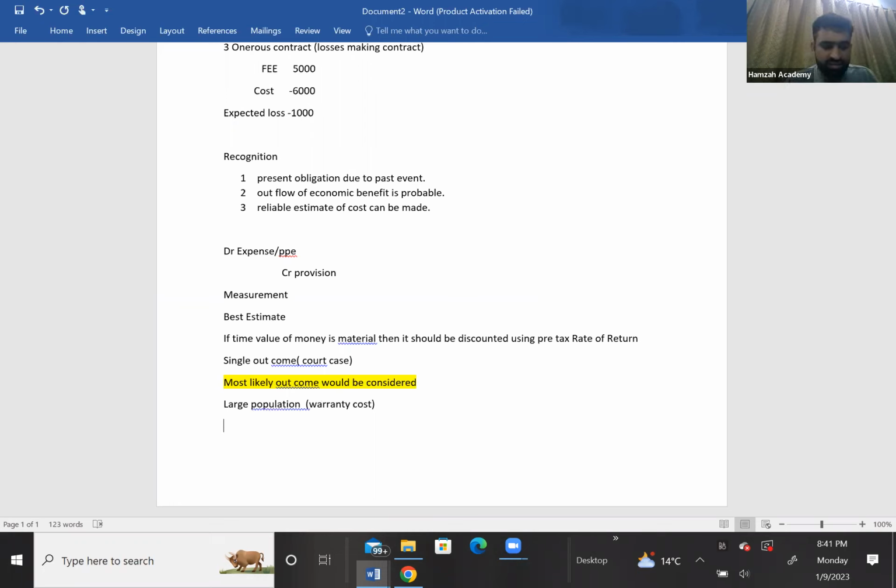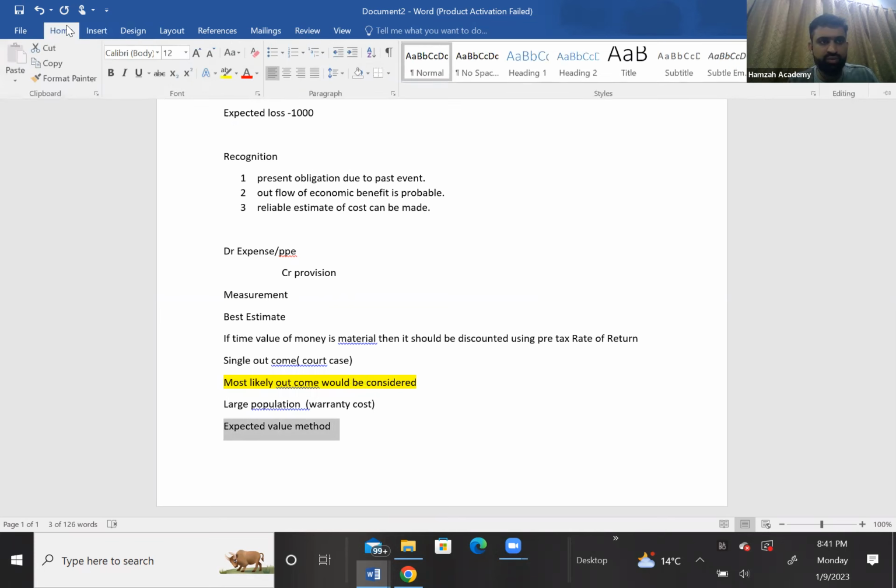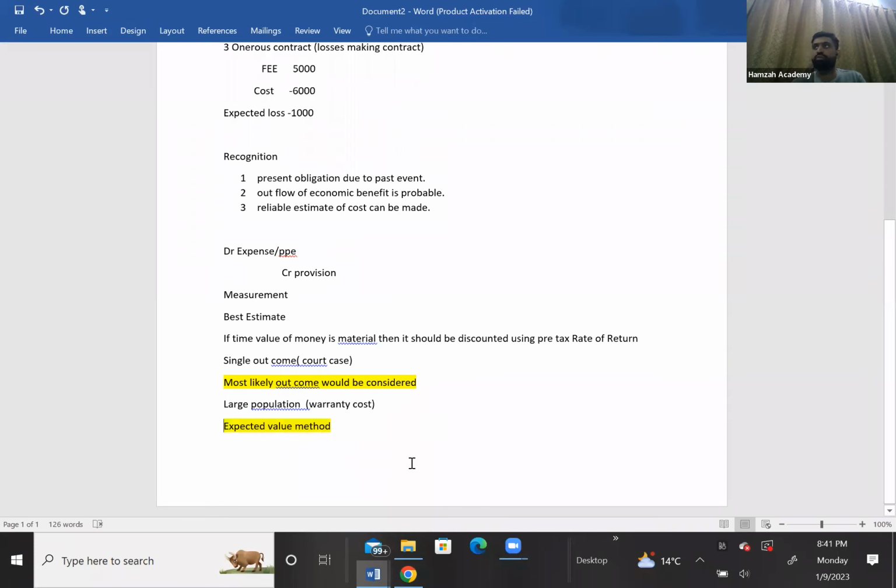In that case, the expected value method will be used to measure the provision. The average, probability-based method will be used.